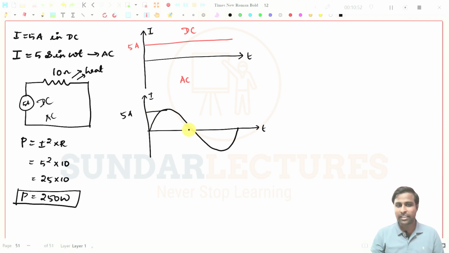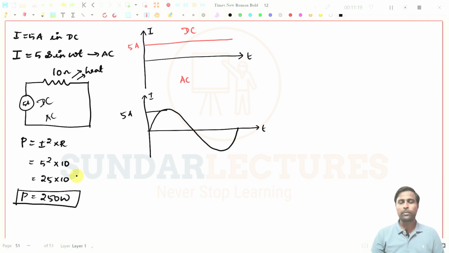Also at this instant, it is getting 0 amperes. So this resistor will not get 5 amperes throughout the time. So what is the power loss in the circuit now? Power loss in this resistor will not be 250 watts. It may vary.